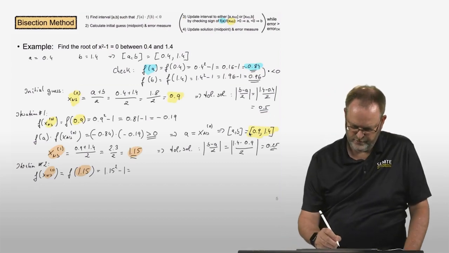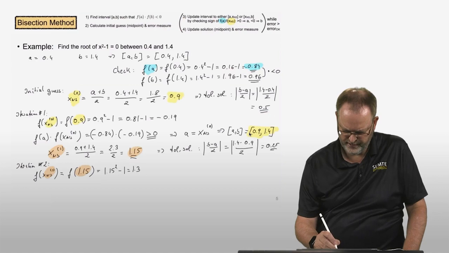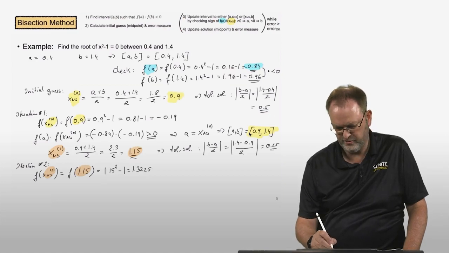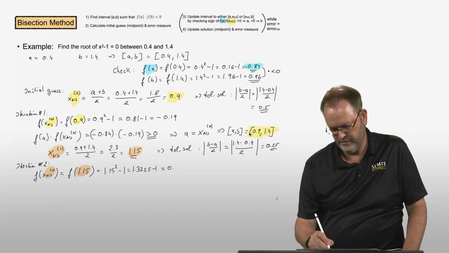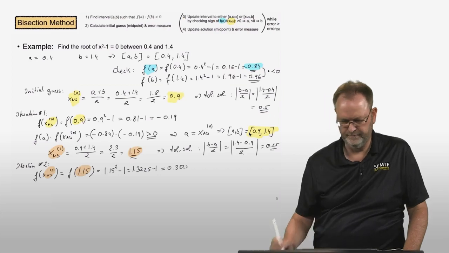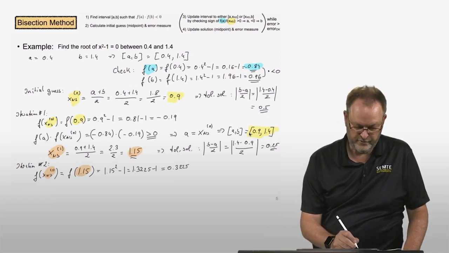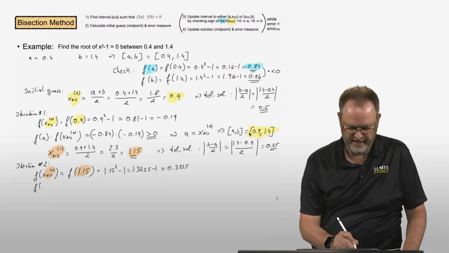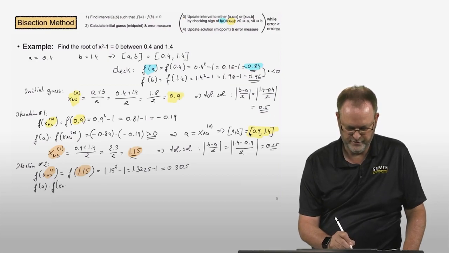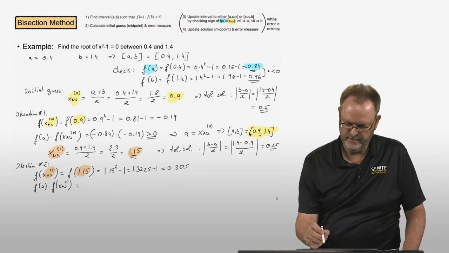And that's equal to 1.3225 minus 1, which is equal to 0.3225. Okay, so now I have to check f of a times f of this numerical solution. So f of a, I just have to check somewhere up here.